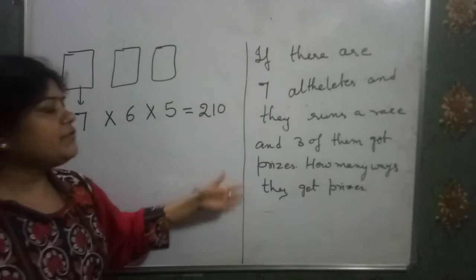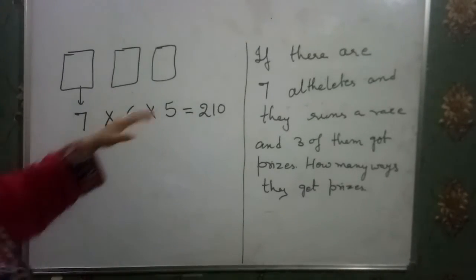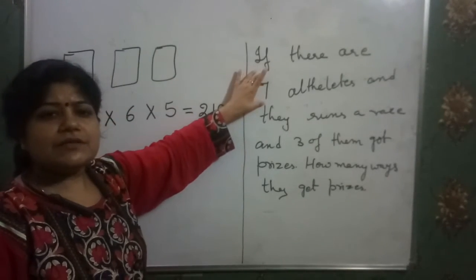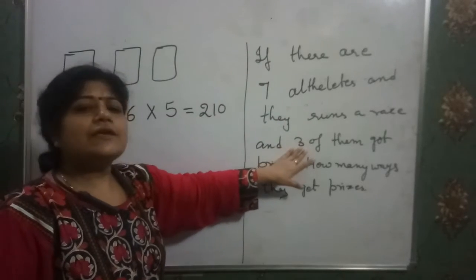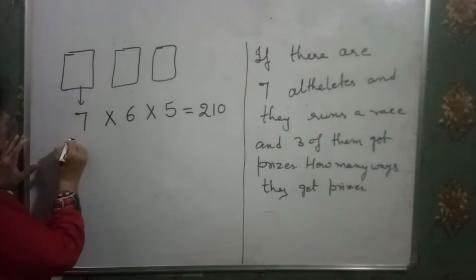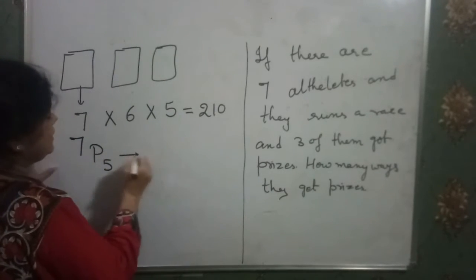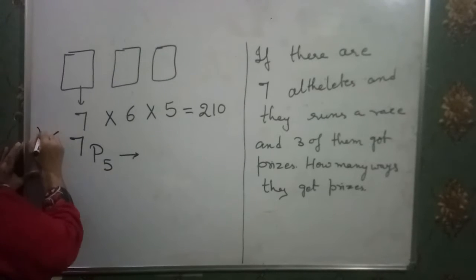Now the same question with the help of permutation, how do we do that? There are a total of 7 athletes and there are 3 prizes. That means 3 people get the prizes. So when we solve 7P3, we get the answer. This is the second method.